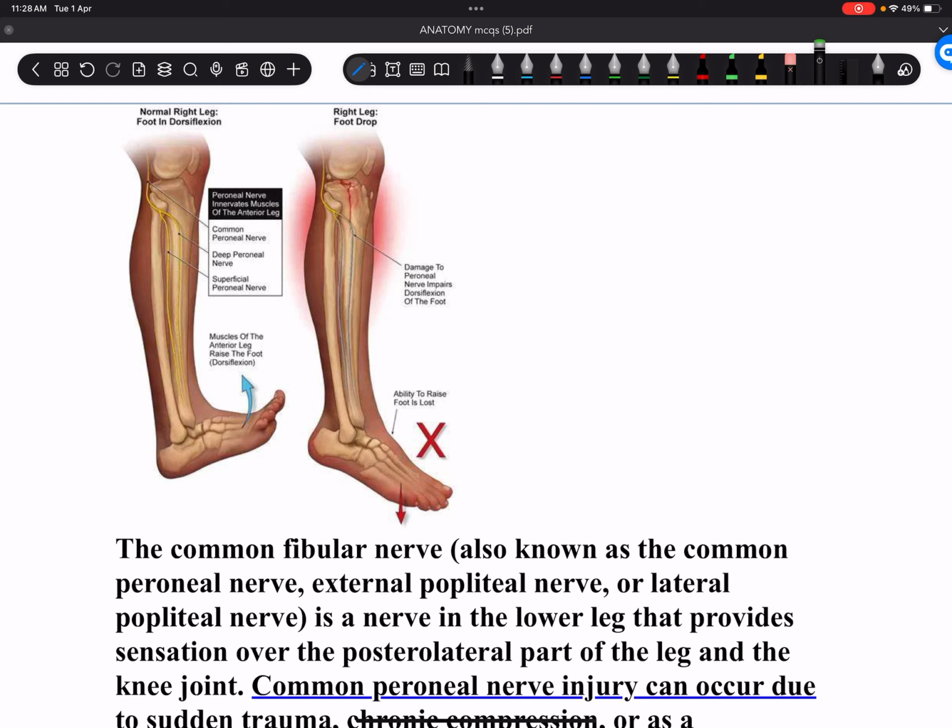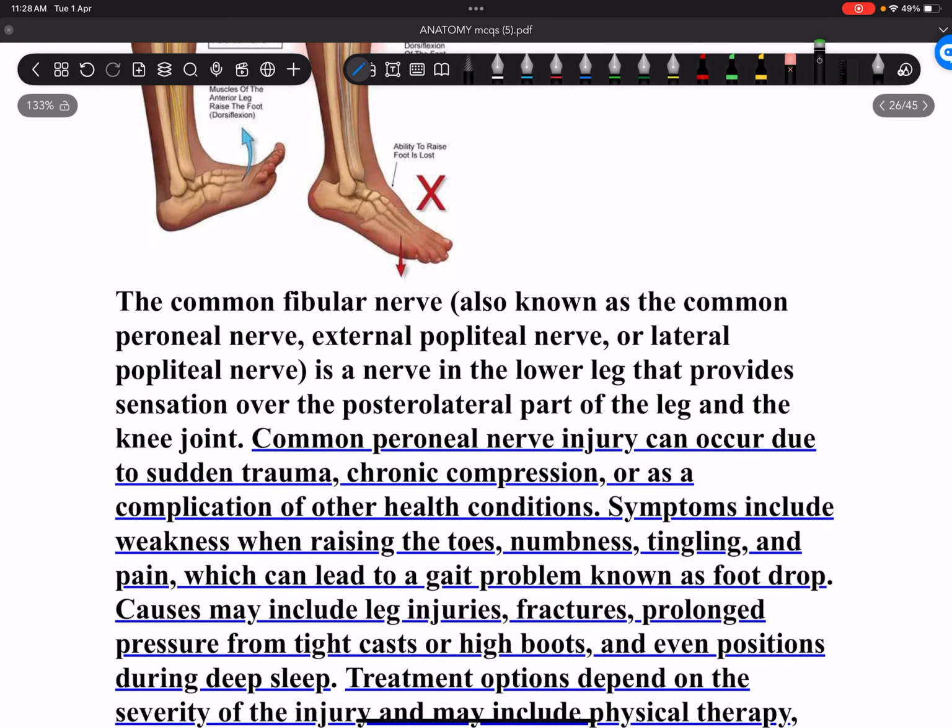Okay, common peroneal nerve is this, deep peroneal nerve is this, and superficial peroneal nerve is this. The common fibular nerve, also known as the common peroneal nerve, external popliteal nerve or lateral popliteal nerve, is a nerve in the lower leg that provides sensation over the posterior lateral part of the leg and the knee joint.